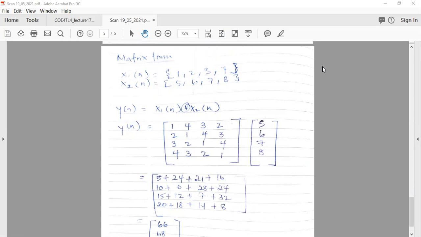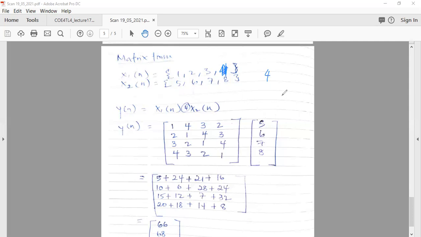Just in case the lengths are not the same, let me annotate it. If the lengths are not equal, let's say x1 of n was 1, 2, and 3, there was no 4, while x2 of n was 5, 6, 7, and 8. And we were told to find the 4-point circular convolution.